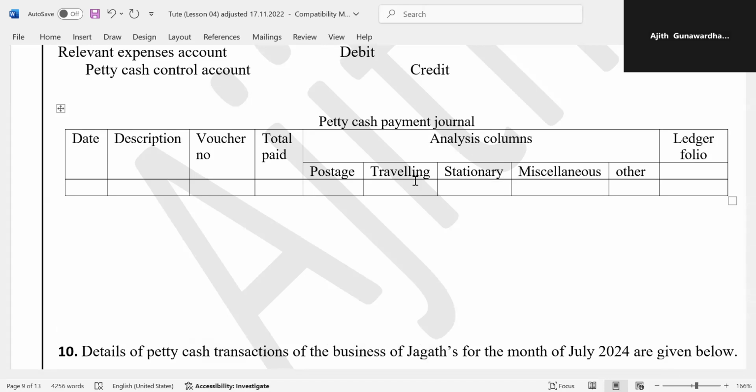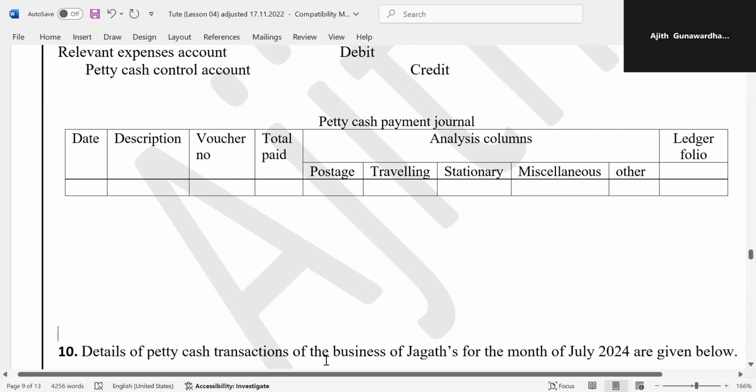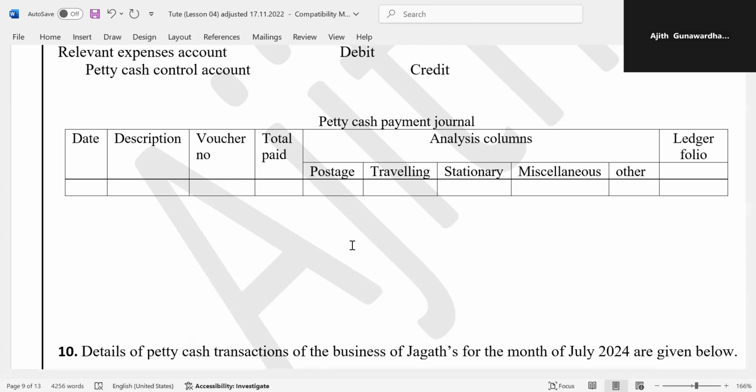Then you have to know how to record each and every transaction in the petty cash payment journal, as well as how to record that information in the ledger account. What is the theory? A small amount of expense paid in cash should be recorded, and the relevant source document is the petty cash payment voucher.